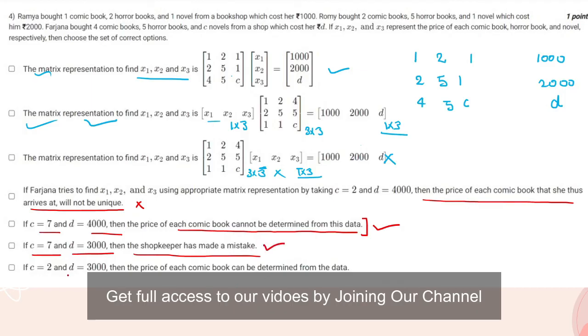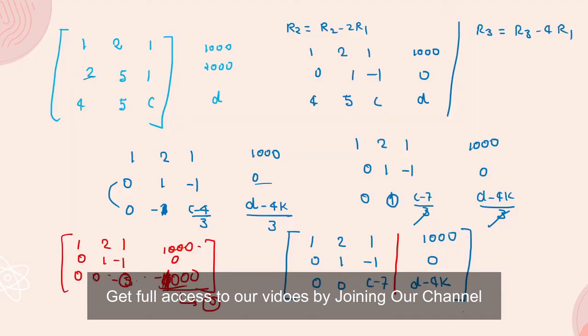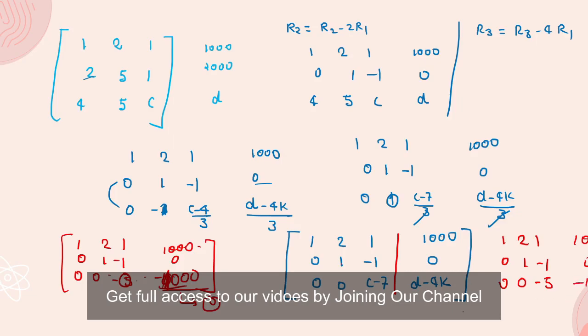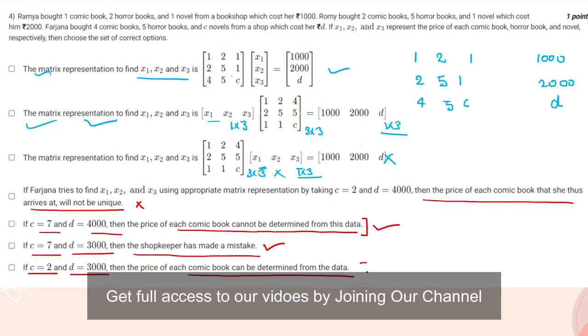The last statement says that if C is equal to 2, D is equal to 3000, then the price of each comic book cannot be determined. So here C should be equal to 2, so this is 1, 2, 1, 1, 0, 1, minus 1, 0. Here it is 0, 0, and this is minus 5000, 0, and it was 3. So minus 1000, so it cannot be determined.